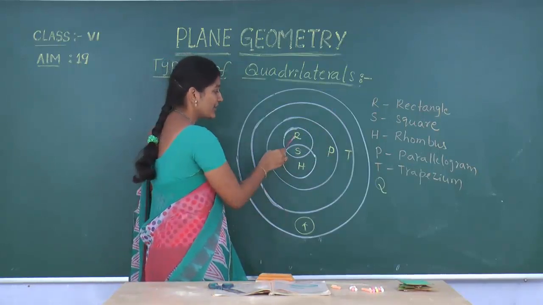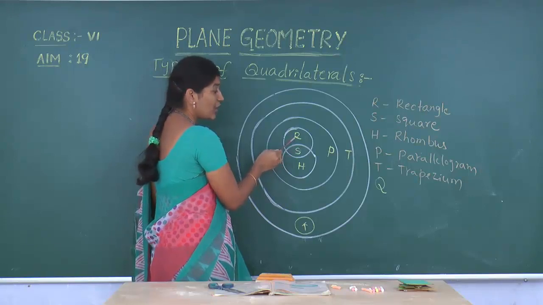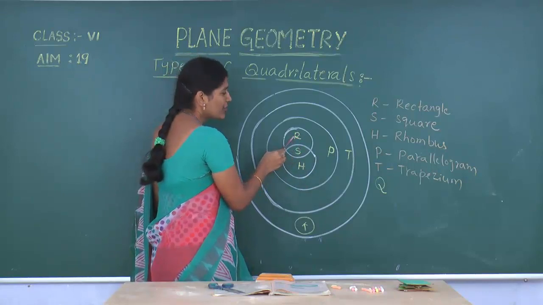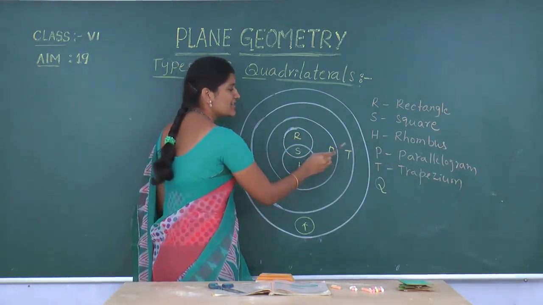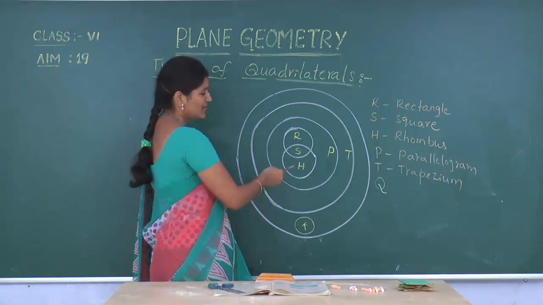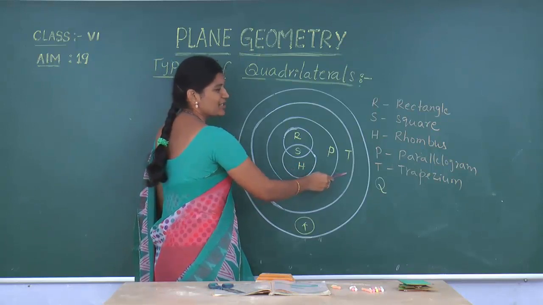And now I am coming to this rectangle. I am not going to this one. So how can I interlink them? See, every rectangle is a parallelogram, every rectangle is a trapezium. Obviously every rectangle is a quadrilateral. Coming to this, every rhombus is a parallelogram, every rhombus is a trapezium.